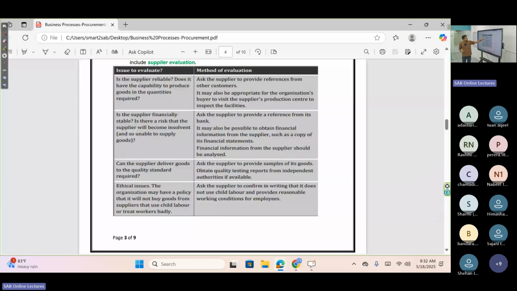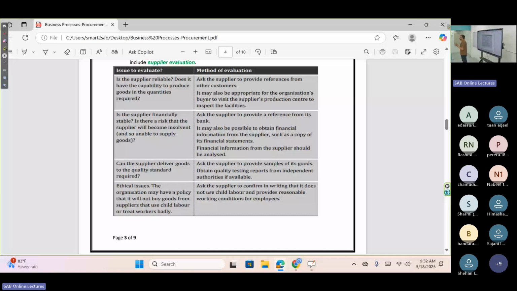Second evaluation method, it may also be appropriate for the organization's buyer to visit the supplier's production center to inspect the facility. So you are the buyer and he is the supplier. For example, a water bottle company: per week you need 100 quantities of 500 liter bottles.